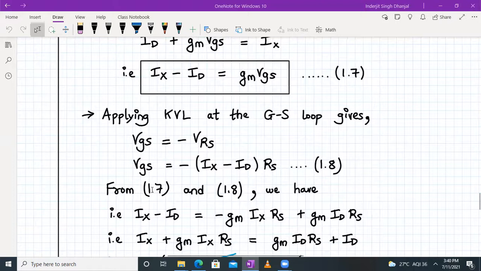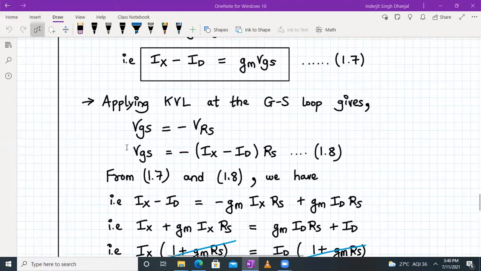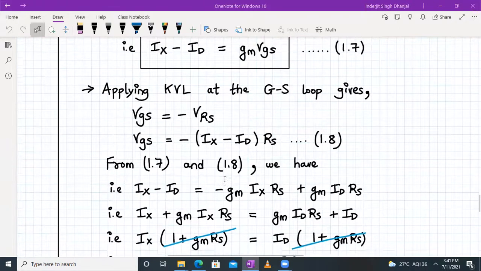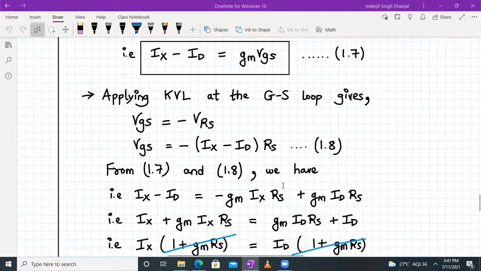And then from 1.7 and 1.8, we can write the following. We can substitute equation 1.8 in 1.7 as follows. So Ix minus ID will be equal to gm times the value of VGS, that is, gm times minus Ix minus ID into RS.